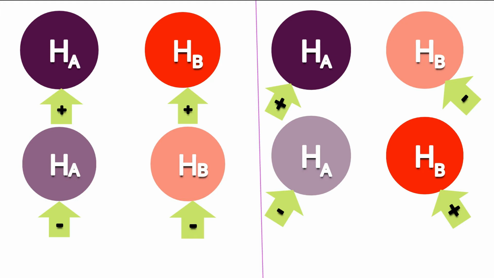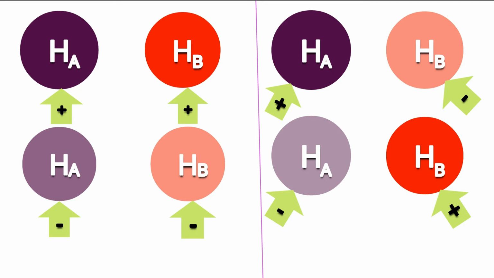By dark color, I am representing positive waves. By dark purple color, the wave of hydrogen A is represented, a positive wave. Dark red color represents the positive wave of atom B. And by faint colors, negative waves are represented. If you see, two compartments are made.